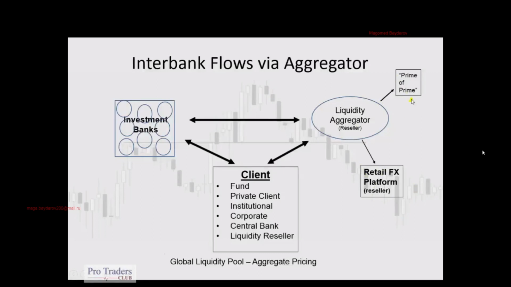So now prime of prime, the title is getting a bit abused now, where some dodgy retail FX platforms are trying to call themselves prime of prime to put themselves falsely into a different category, but that's the nature of humans and marketing. Now, the aggregator will aggregate the prices.